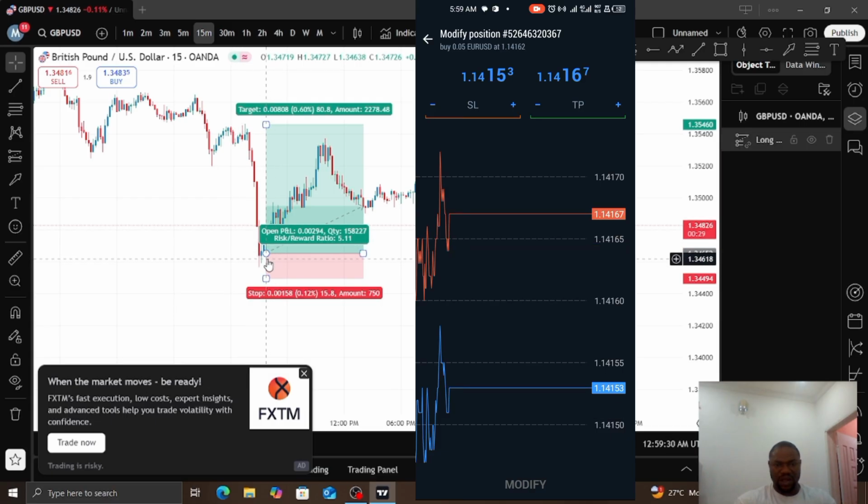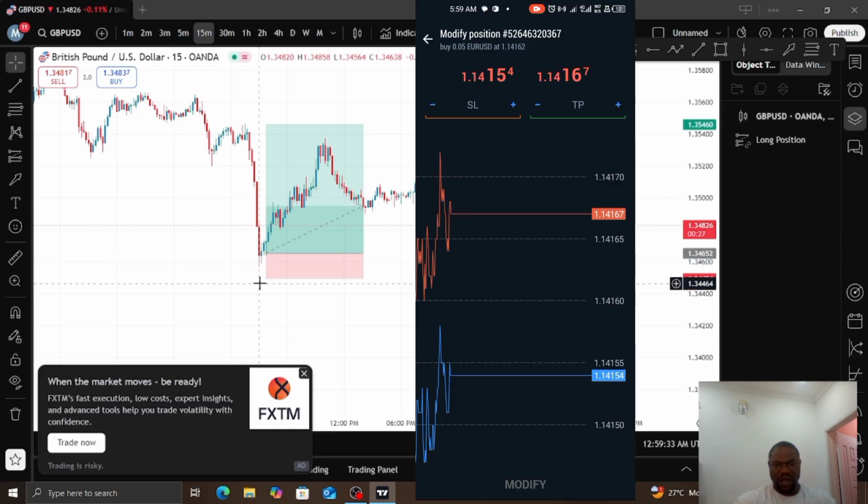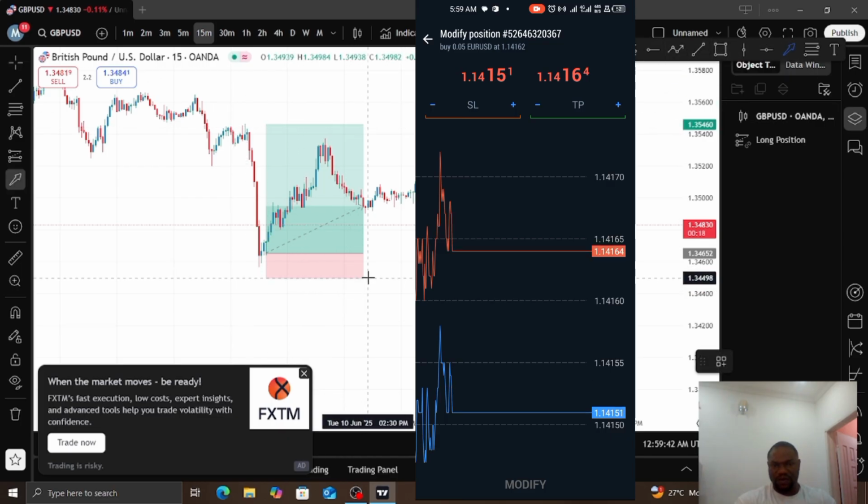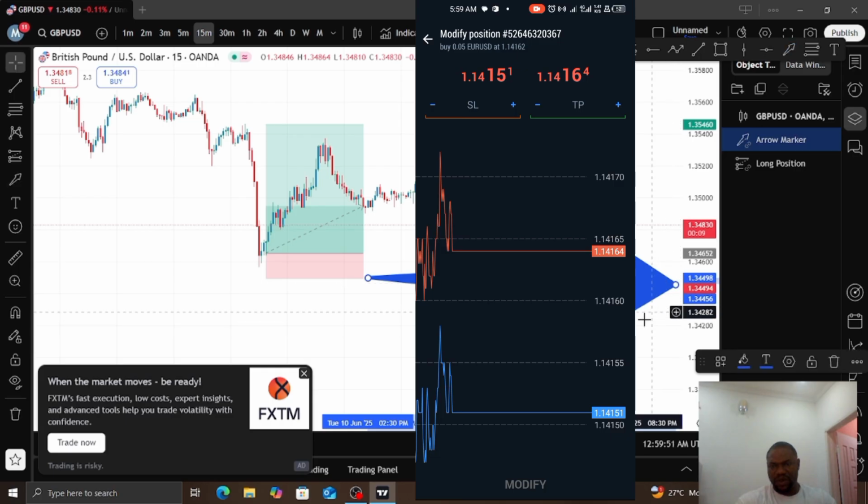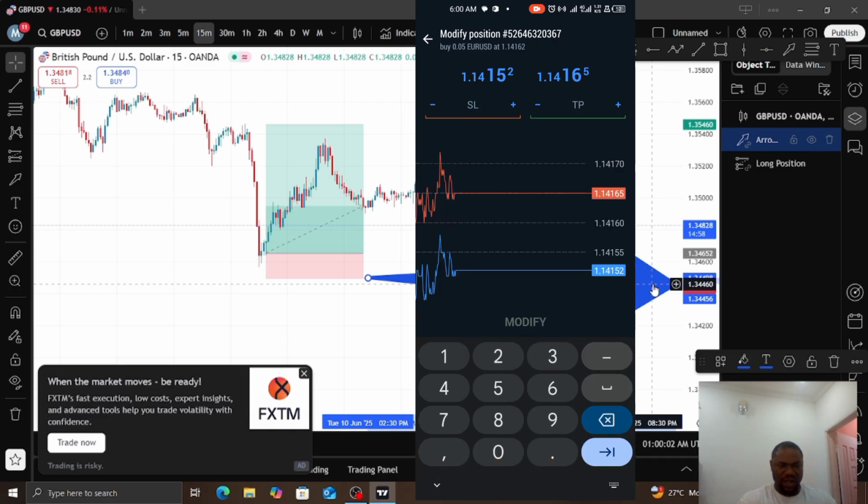So firstly, let's do our stop loss. This is our stop loss. If you check here, you're going to see our stop loss. We are doing our stop loss from this point. Take it down here. For this trade, let's assume our stop loss will be 1.34660.